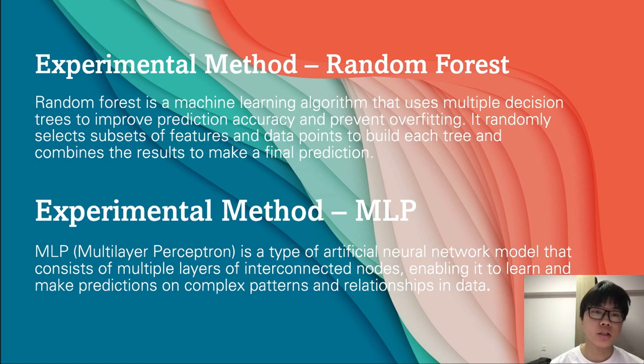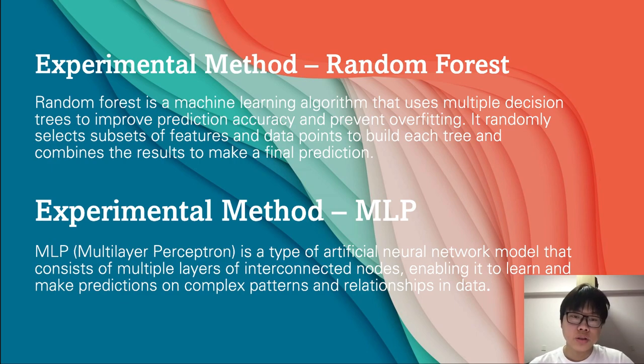Then is about our prediction models. The first one is random forest. Random forest is a machine learning technique that uses multiple decision trees to improve prediction accuracy and prevent overfitting. It randomly selects subsets of features and data points to build each tree and combines the results to make a final prediction.